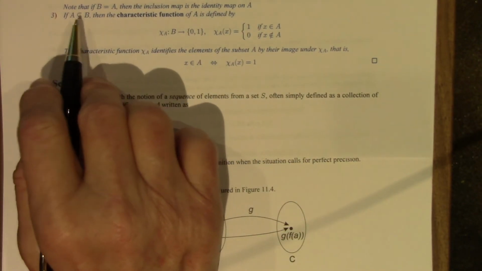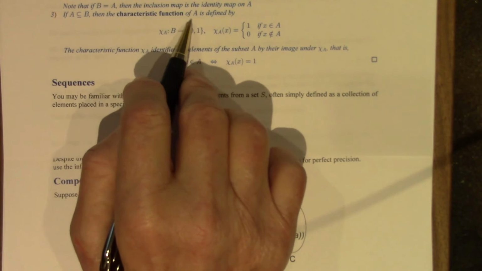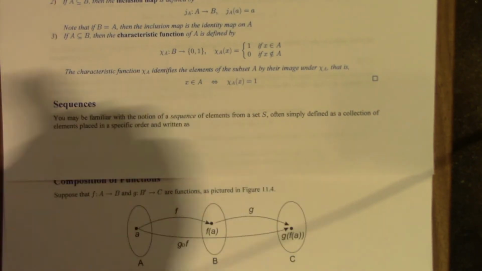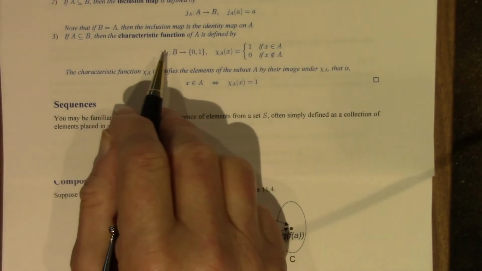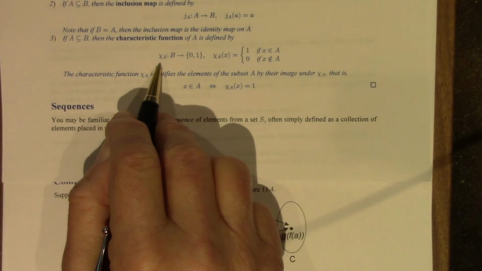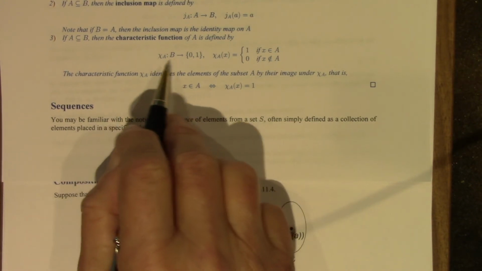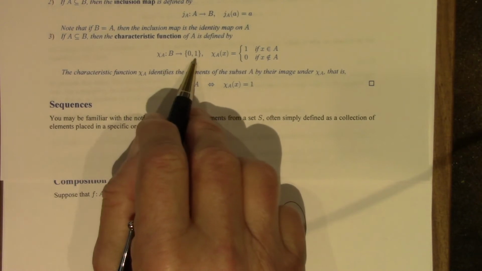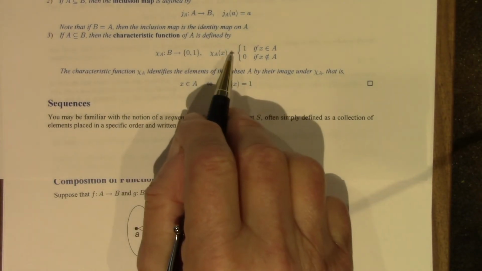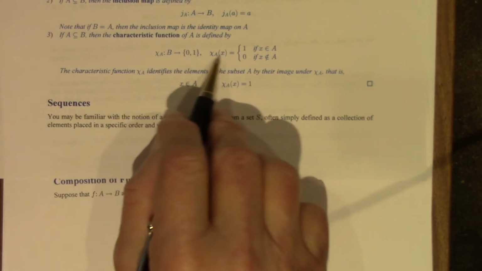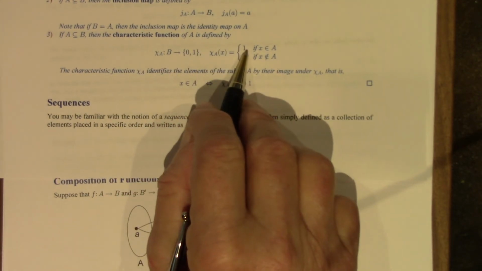Again, if A is a subset of B, then the characteristic function of A is defined this way. Chi sub A, and chi is a very common letter to denote the characteristic function, maps B to the set {0, 1}. And what it does is for the elements x that lie in A, they go to 1.